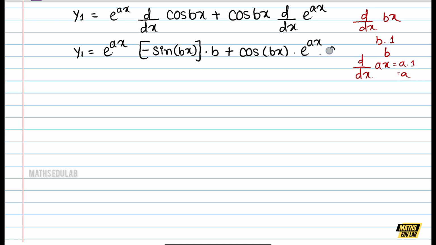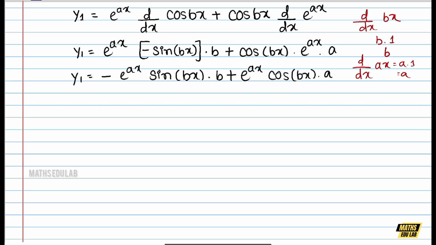So we have to multiply by a. Then I can write this equation as minus e to the power of ax sine bx into b plus e to the power of ax cos bx into a.